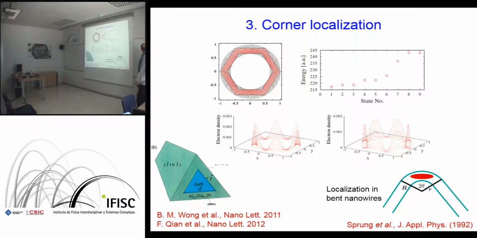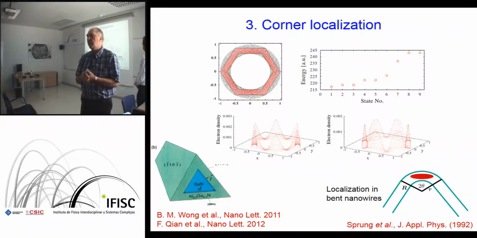Now, these low energy states would correspond to the smallest kinetic energy. If you think about n equals 0, this has no kinetic energy.